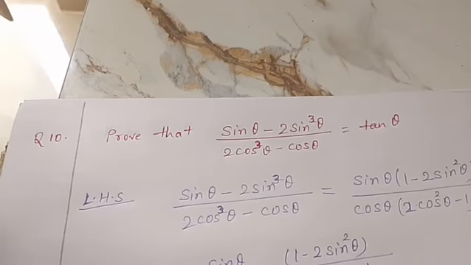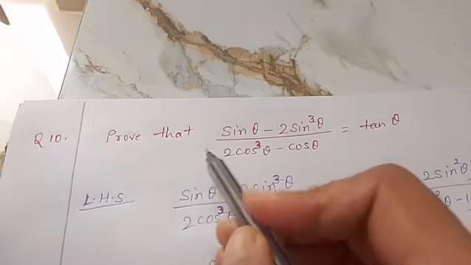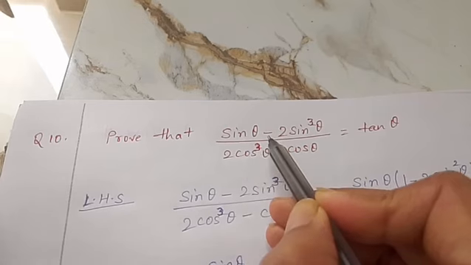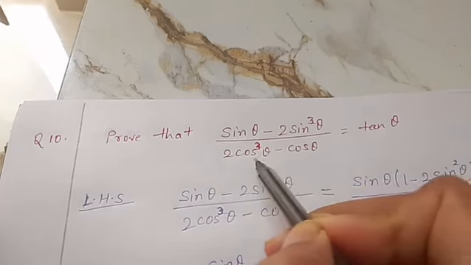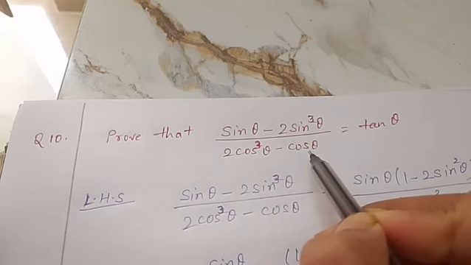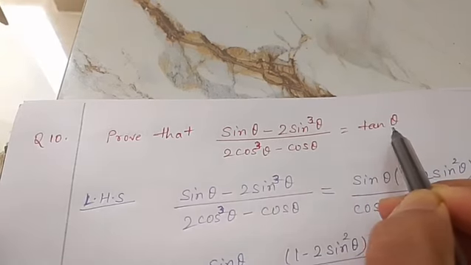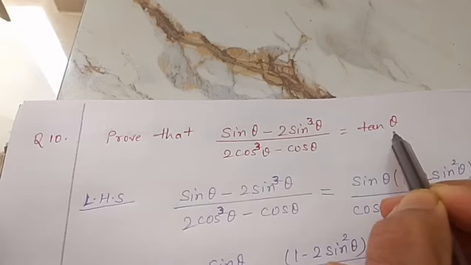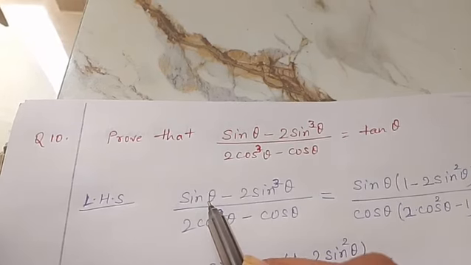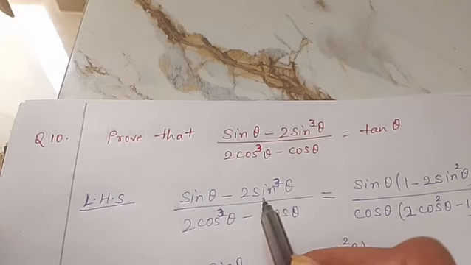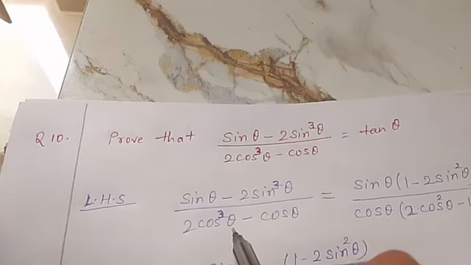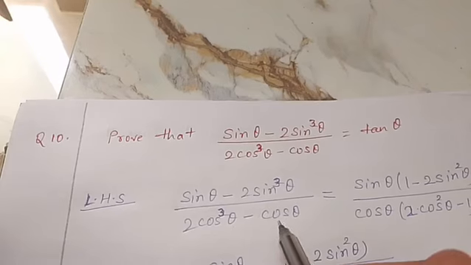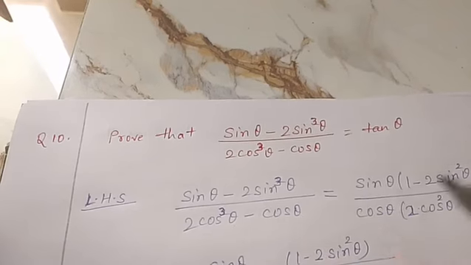Now let's solve question number 10. Prove that (sin theta minus 2 sin cube theta) upon (2 cos cube theta minus cos theta) is equal to tan theta. LHS: (sin theta minus 2 sin cube theta) upon (2 cos cube theta minus cos theta).